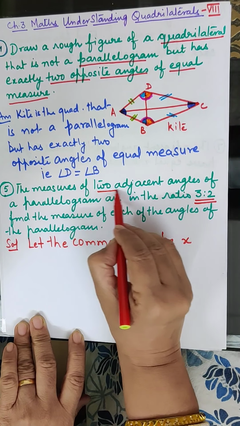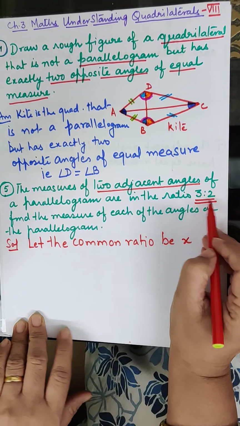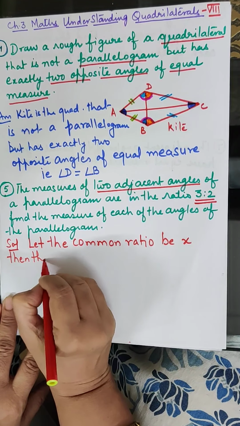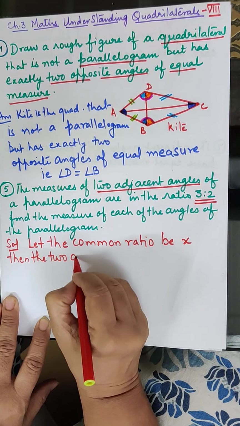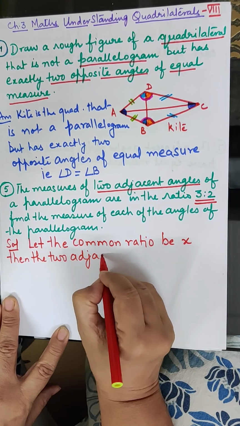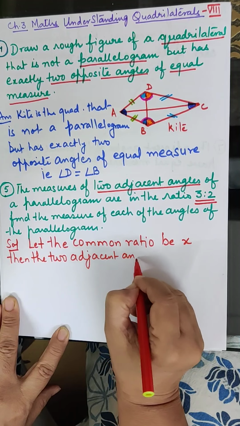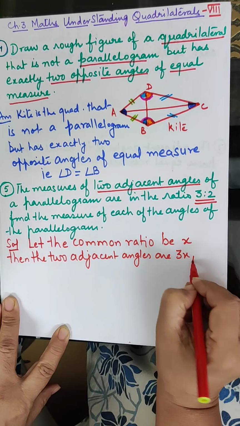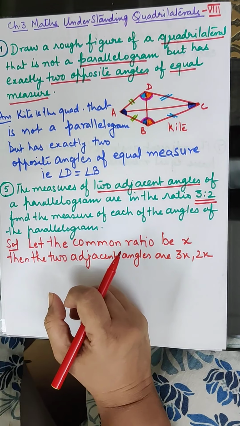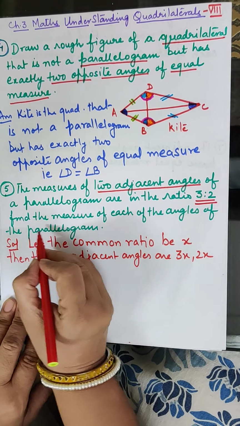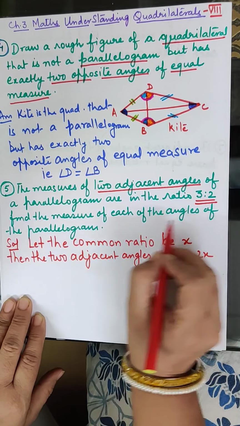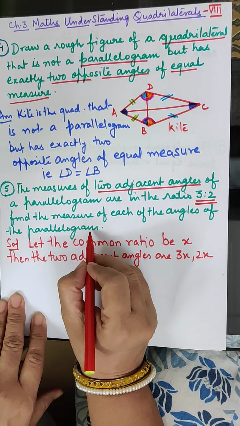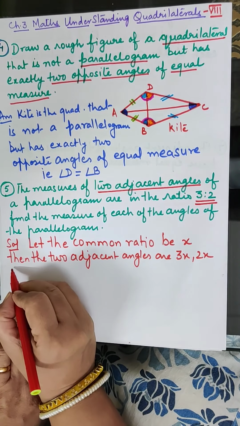Then the two adjacent angles become 3x and 2x. Okay, and we know that the sum of the measures of the adjacent angles in the parallelogram is 180 degrees. That is, adjacent angles of the parallelogram are supplementary.